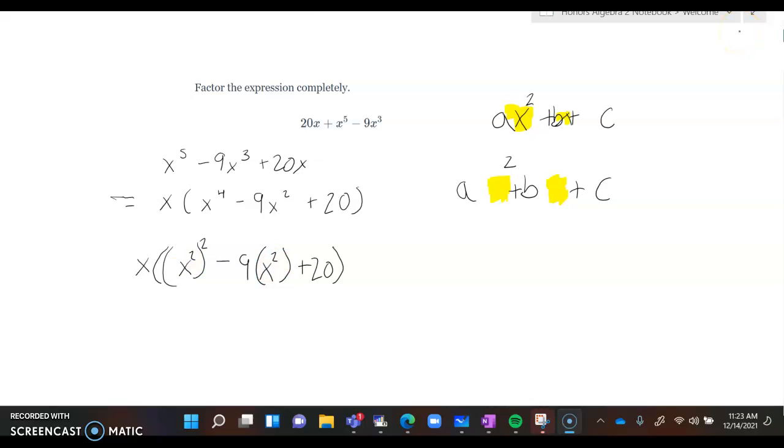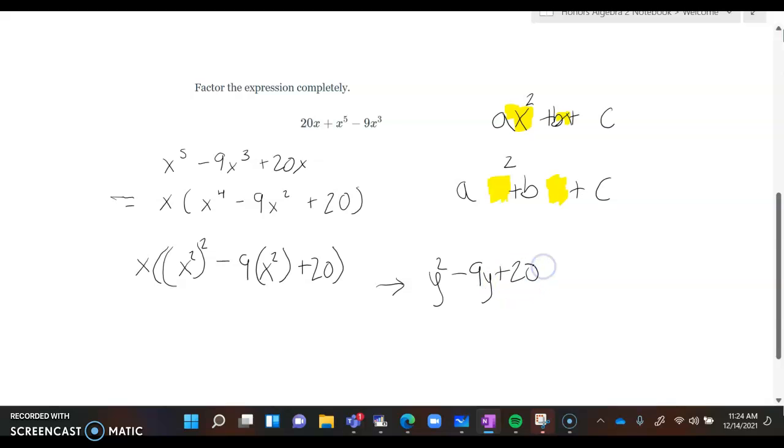All right. Now, the traditional way of doing this is then you find a new variable to replace it. So I'm going to write this expression in parentheses, kind of off to the side, as y squared minus 9y plus 20.